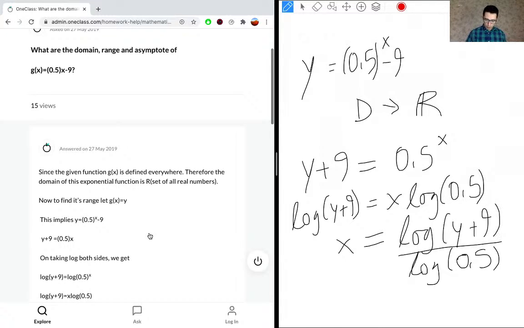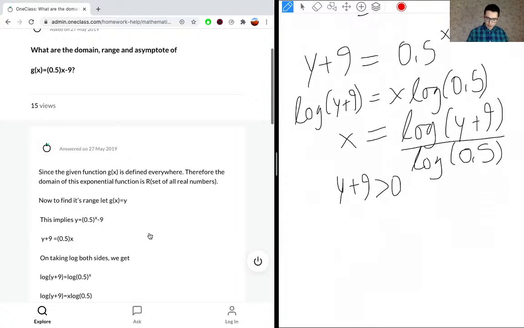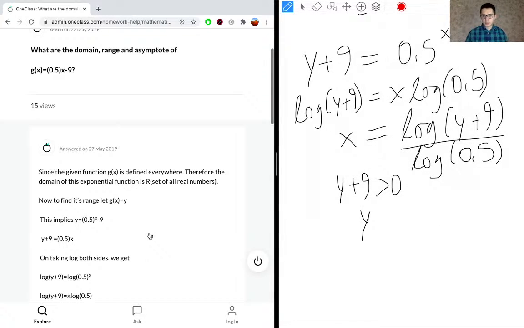So y plus 9 has to be greater than 0. That's just the property of log, so this gives us a limitation for this function. So y has to be greater than negative 9. And we know that means that at y equals negative 9, there's an asymptote.